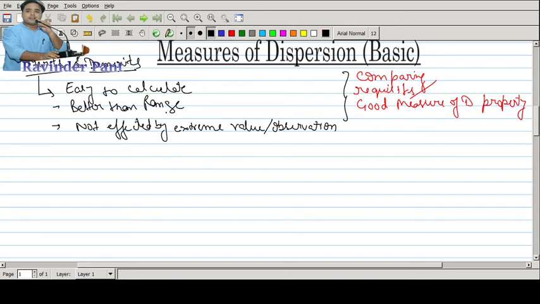this quartile deviation is very useful when it is desired to study the variability in the central half part of the data. Why? Because this Q3 minus Q1 is explaining the middle 50% of the data.